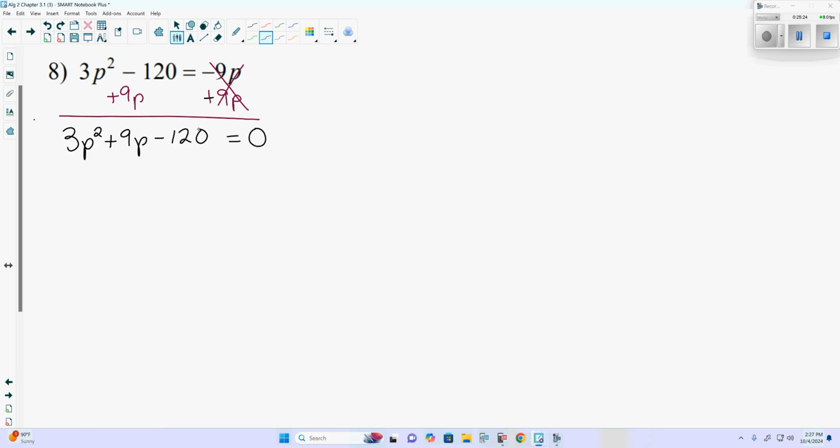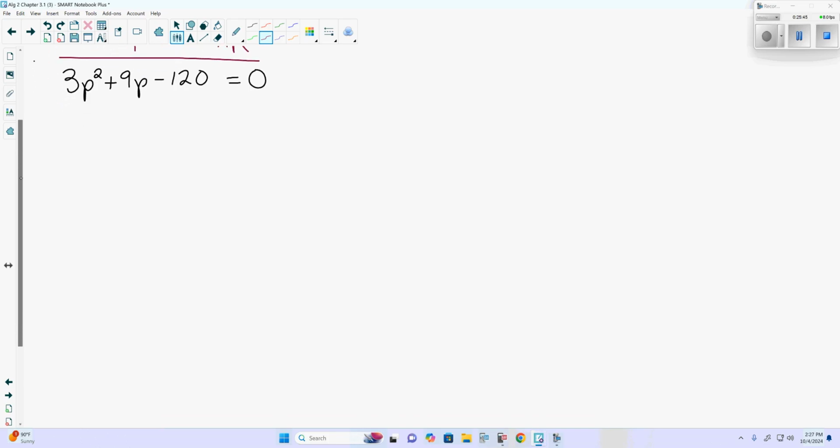So p squared, p, number without a variable. And it's going to be better to put it here when we add it over. That way we're not having to rearrange it. So, questions on this so far? So really at this point, is it any different than what we've just done? No, same exact thing. Then we move to our next step, our greatest common factor.